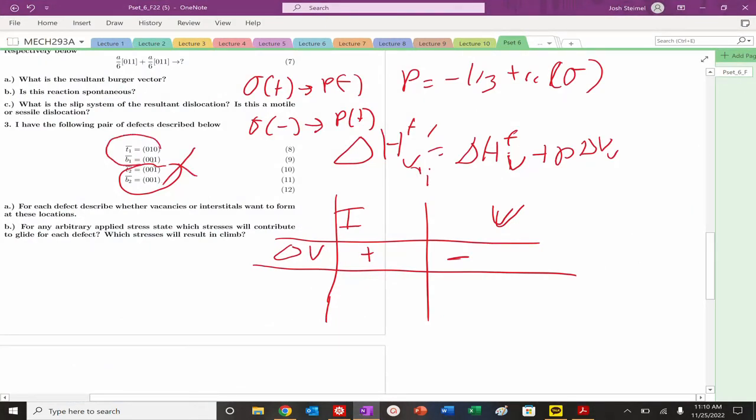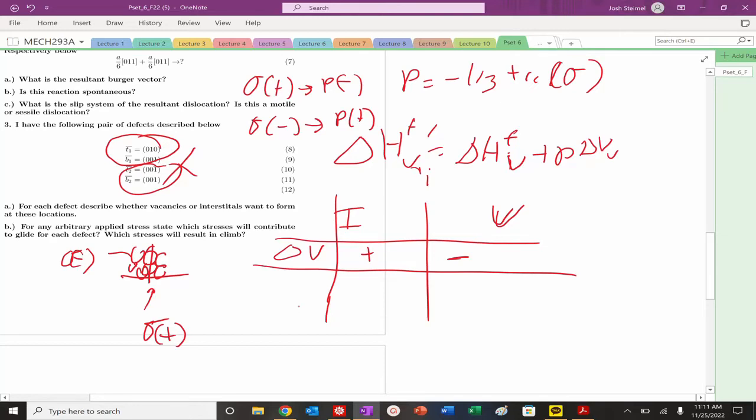Now, for my edge dislocation, in this location my stress is going to be very negative. It's compressed. Whereas here, our stress is going to be positive.